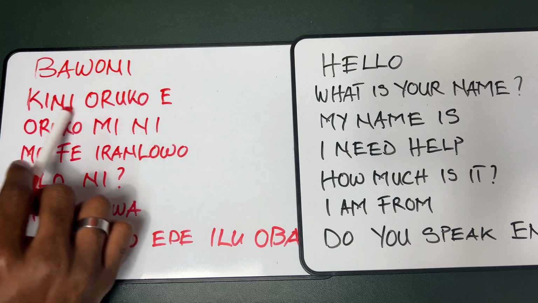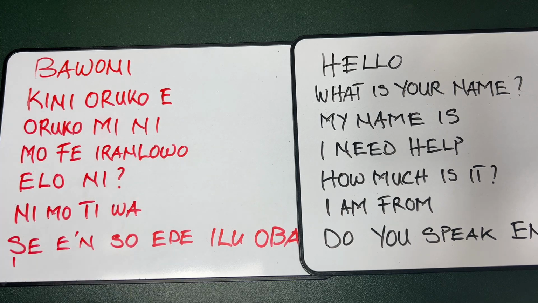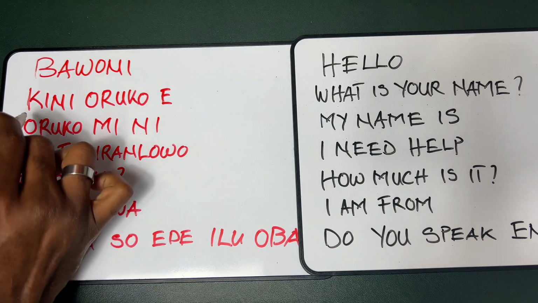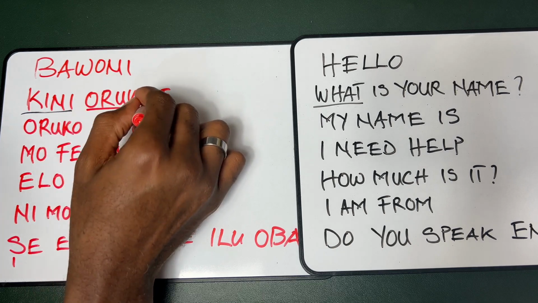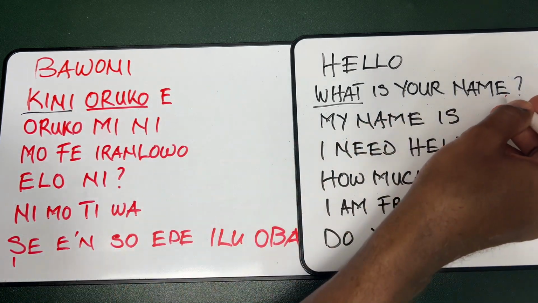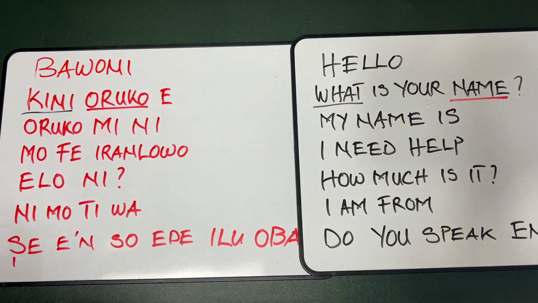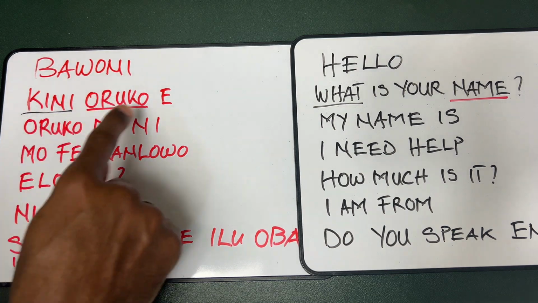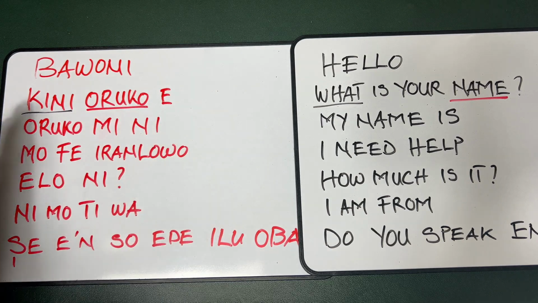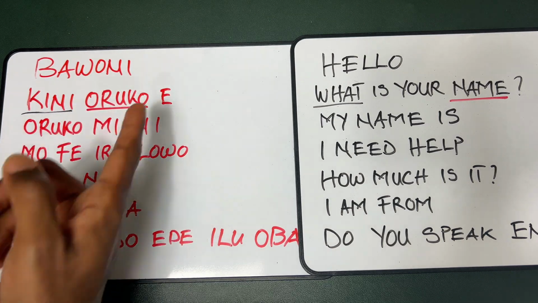So kí ni here is what. Kí ni means what. And orúkọ means name. So simply here you can see kí ni orúkọ ẹ, which is what name is yours.